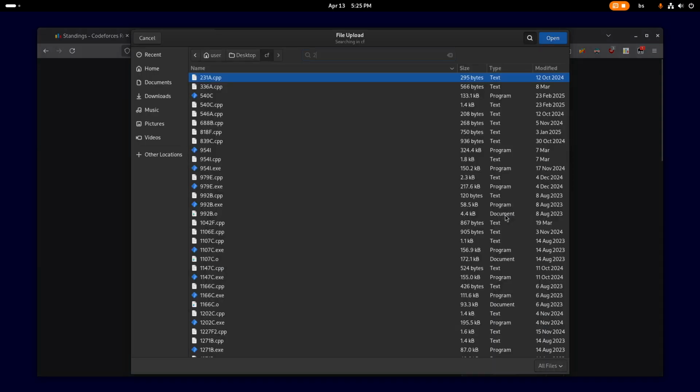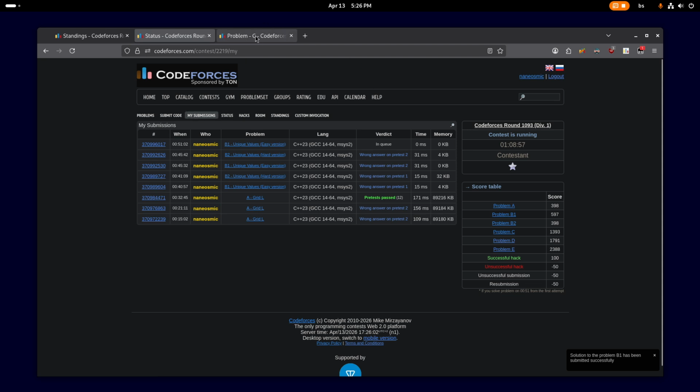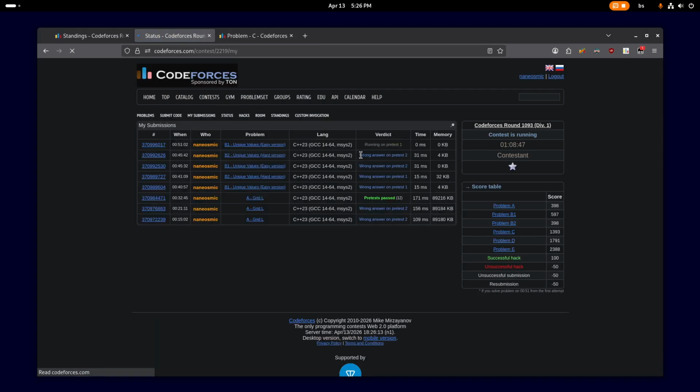And not gonna lie, I'm gonna wait to see if this passes B1 until I submit this to B2, because I don't want to get wrong answer on pretest 2 for no reason on B2.